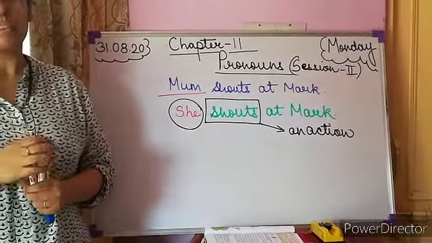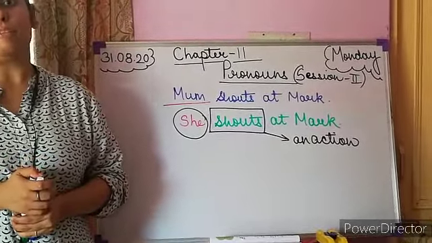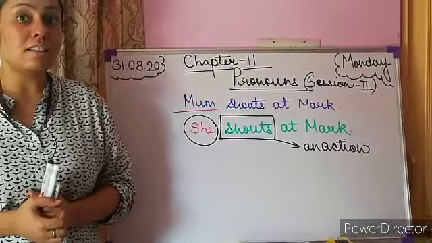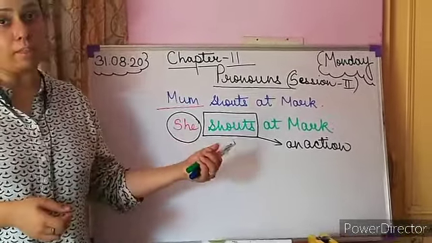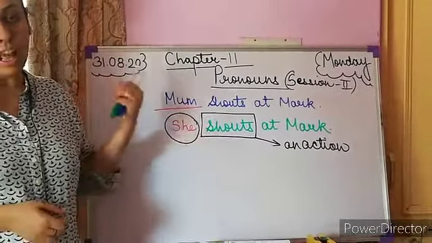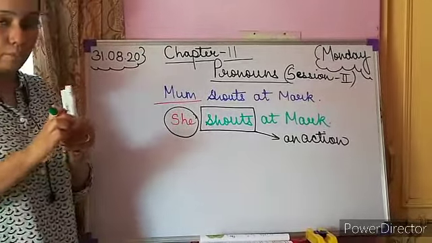So children, as we already know, the words which perform an action in a sentence are termed as subject. So here this pronoun is performing the action. So this pronoun which is performing the action is called a subjective pronoun.